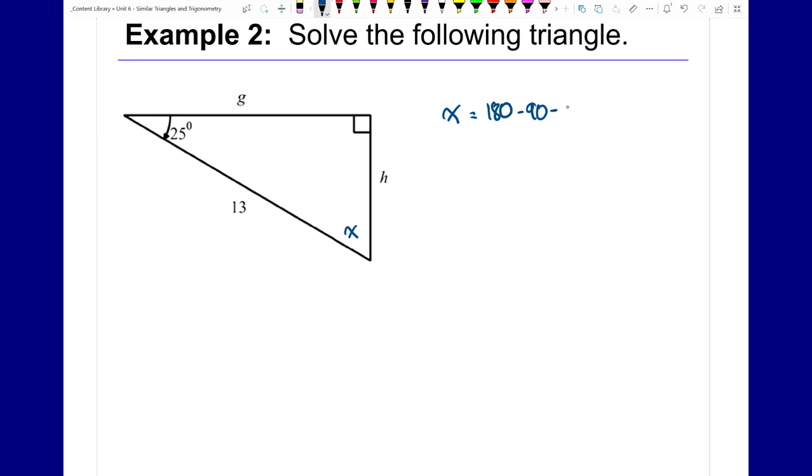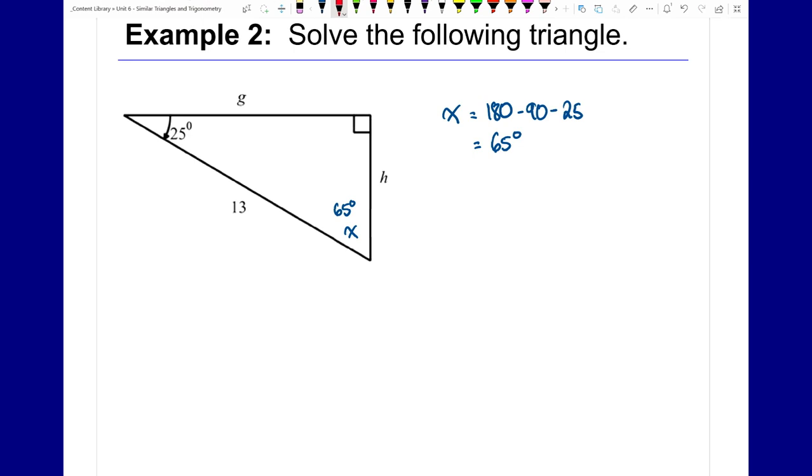All three angles in a triangle add up to 180, so I can subtract 90 and 25. And if I subtract them, we get 65. So that means that this angle here is 65 degrees. So I found one piece of missing information. I've covered all the angles. The only thing left now are the two missing sides.